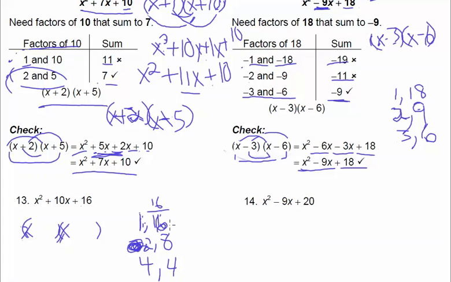So 1 plus 16 is 17, that doesn't work. 2 plus 8 is 10. And 4 plus 4 is 8. 8 doesn't work. 10 is what I wanted. This is all pluses, so it's going to be all positive. So I can just put in x plus 2 in the first one, plus 8 for the second one.